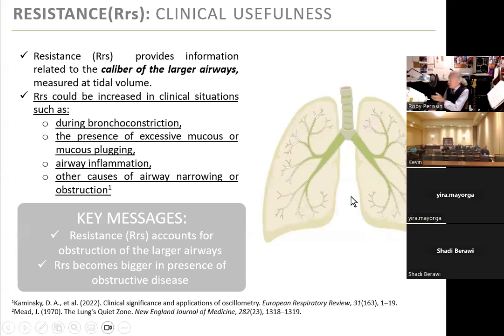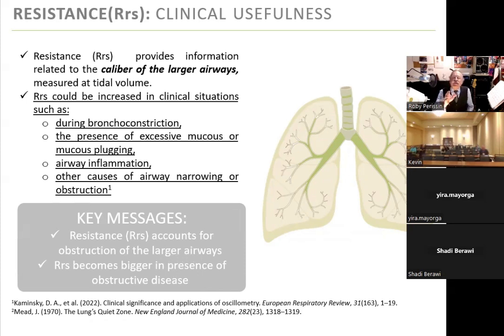Here you're talking about a patient sitting normally with you standing behind, and resistance is measured in normal tidal breathing and can change during bronchoconstriction, if there is mucus or mucus plugging, hence the usefulness in pulmonary rehabilitation before and after eliminating the mucus, inflammation of the airways, and other causes of narrowing of the airways. So resistance accounts for obstruction of larger airways.